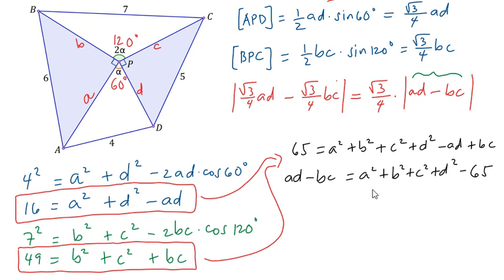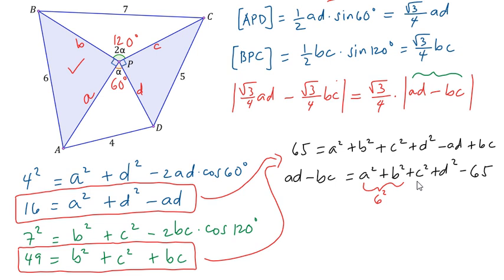Okay, the next question now is how can we find the value of a squared plus b squared plus c squared plus d squared? Take note that we still have one more important information that we have not used. If you look again at the figure, we actually have here two right triangles, right? So, if we apply the Pythagorean theorem, we see that a squared plus b squared using this triangle is just 6 squared.